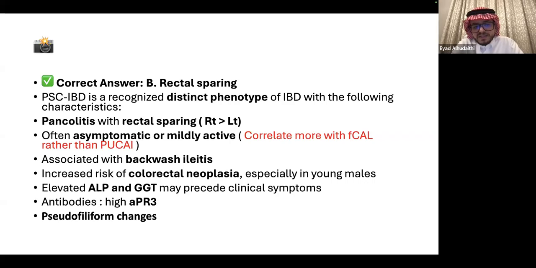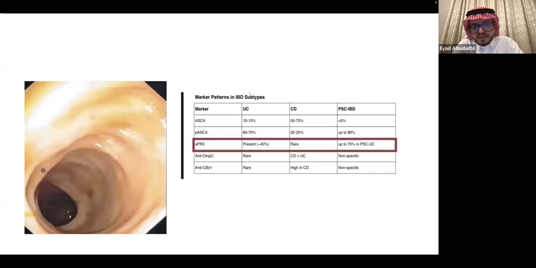And strangely, there is a unique feature. I have only seen 2 patients with this feature. It's pseudofiliform changes. When you do an endoscopy, you are still in the colon and you will find villi, like pseudofiliform changes. You can see it macroscopically and microscopically.